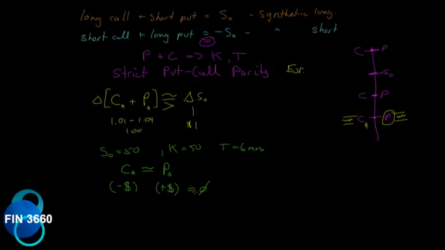What that means is that you can create a synthetic exposure to an equity, both on the long and the short side, by selecting a strike price as close to the stock price as possible and pay nothing. Pay nothing for it and still realize the same payoff as if you had bought the underlying.